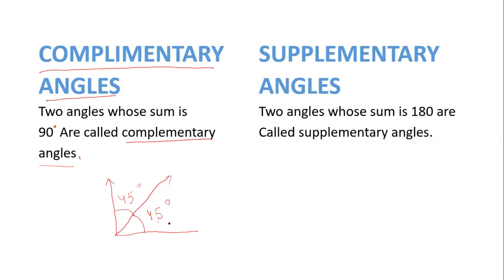We can name them A, B, C, D. So angle ABC plus angle CBD is equal to 90 degrees. So these two are complementary angles.